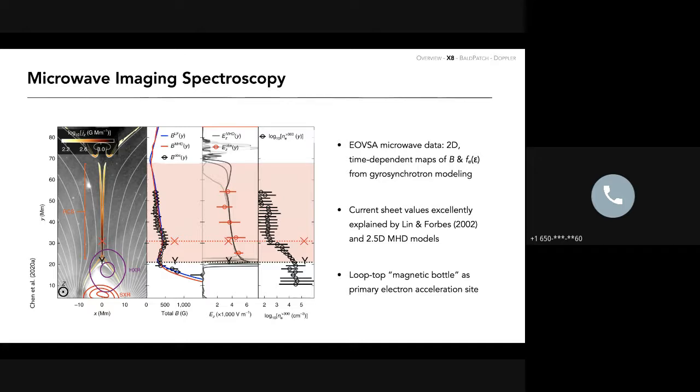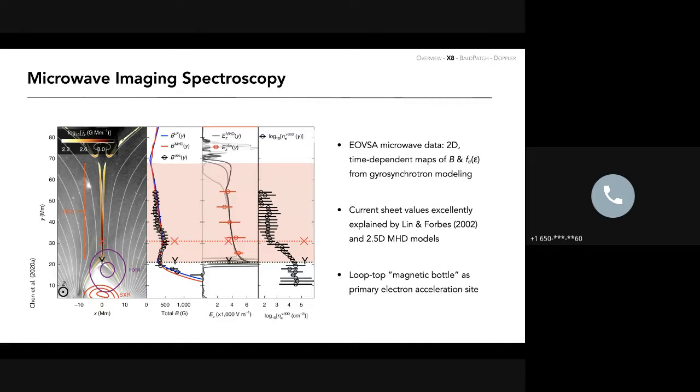You can see the current sheet length, the flux rope, and the field lines. They agree with the observation extremely well. And on the left panel, what they show is the current density from the MHD model overlaid on the AIA image.